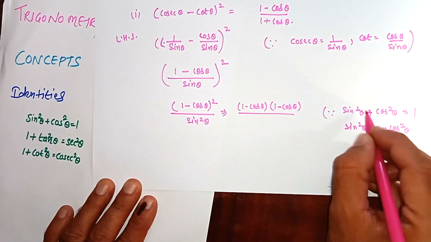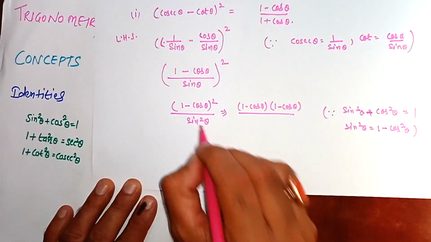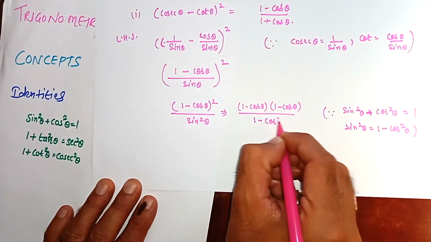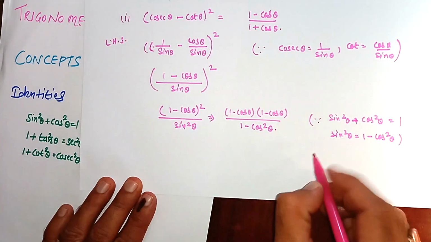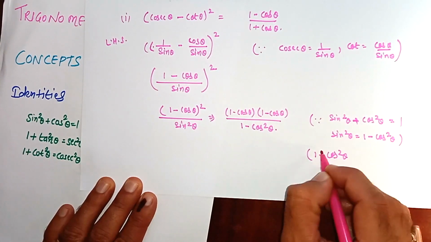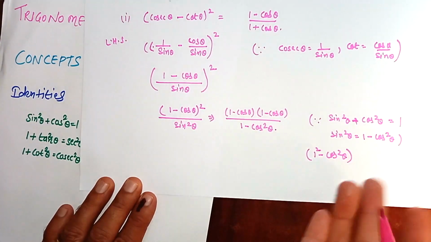Here it was in plus sign, on that side it will be in negative. So instead of sin square theta here, we can write 1 minus cos square theta. Now let's pick this 1 minus cos square theta. We can put a square here. Why so? Because the square of 1 is again 1.